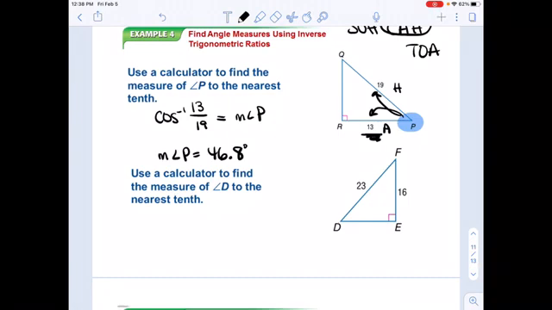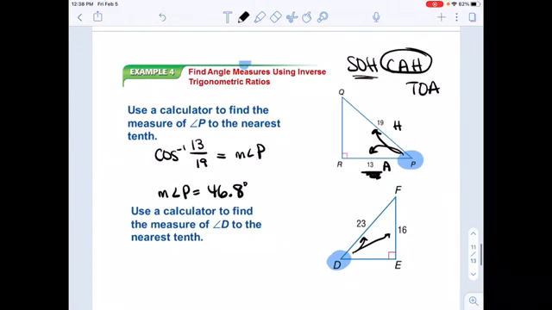All right, so we are going to use a calculator to find the measure of angle D to the nearest tenth. So this is our new perspective. We have opposite, we have hypotenuse. If we scroll up, we know we have to use our sine, inverse sine trig function, I should say.